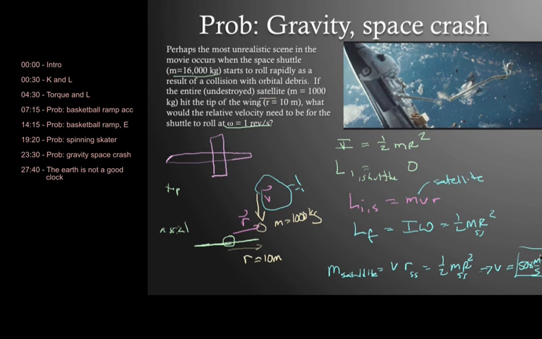And now you can ask, well, that's not such a crazy velocity for outer space. Why do I call this the most unrealistic scene of the movie? Well, basically it comes down to this assumption, that all of this mass just ends up on the very tip.